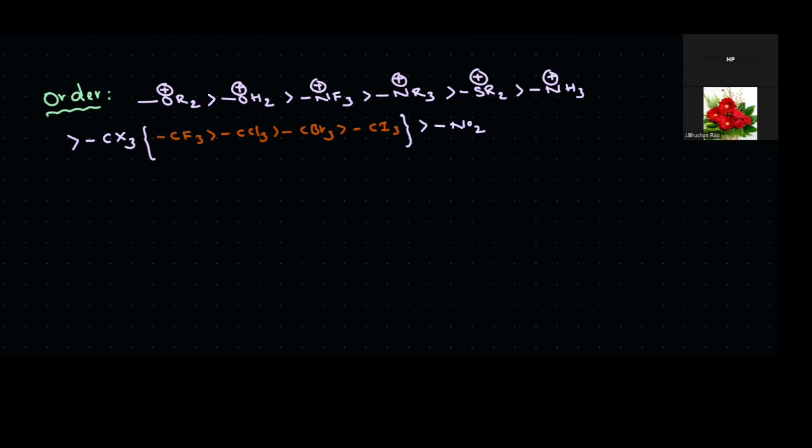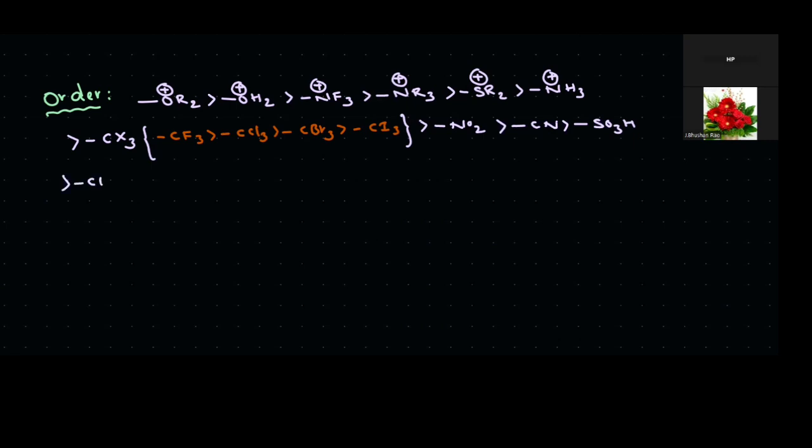Next, after the NO2 group, cyanide. Next, SO3H, the sulfonic group, which we already know, effectively withdraws electrons after cyanide. Next, this group is the aldehyde group.